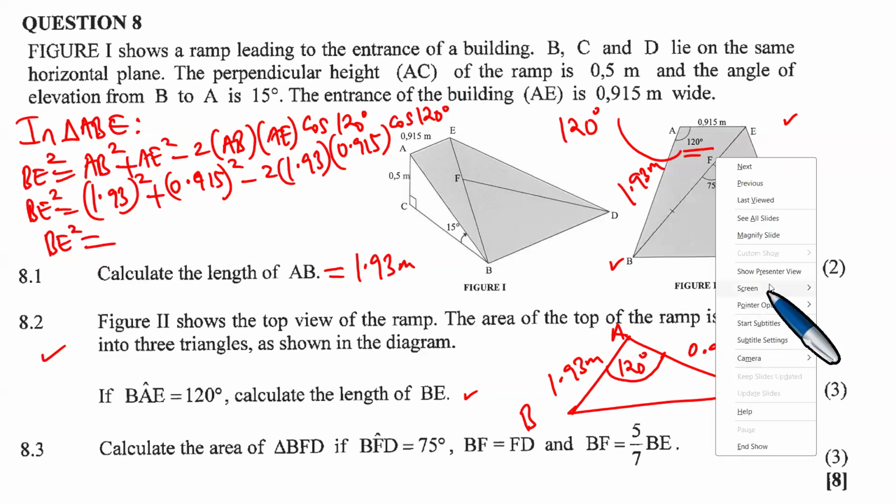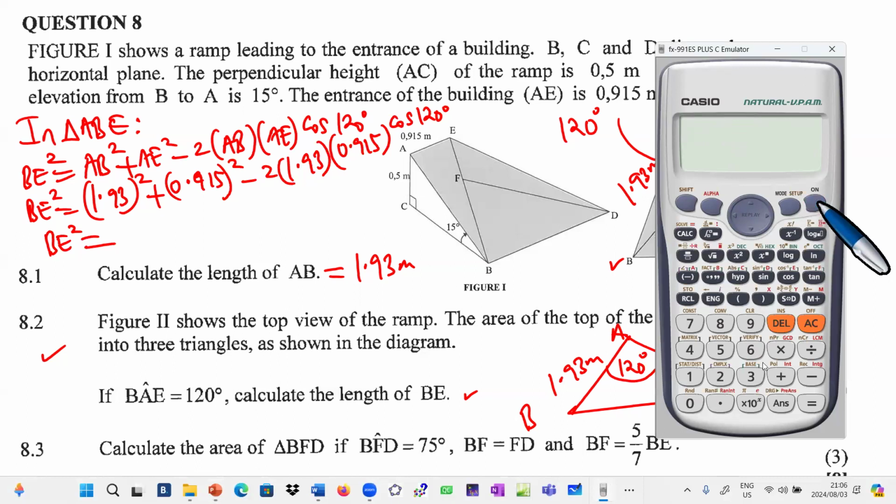Let's use our calculator. So we have actually 1.93 squared plus 0.915 squared minus 2 times 1.93 meters times 0.915 times cosine of 120 degrees, close bracket, equals, right, we're getting 6.33, okay?